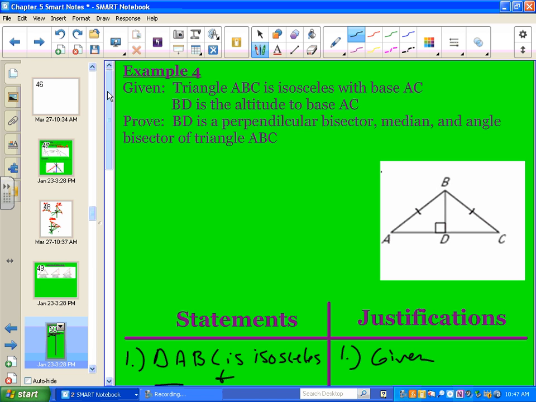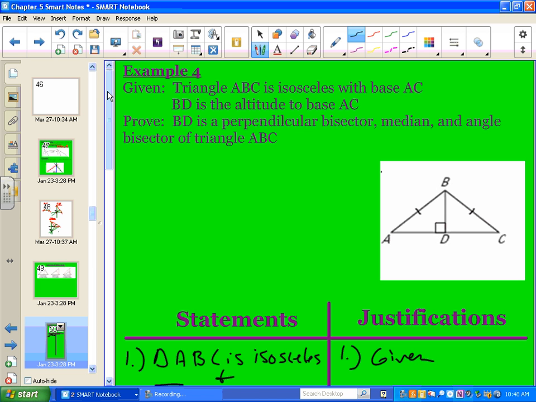So, we have an isosceles triangle, and we have an altitude coming from which angle, Molly? The vertex angle. So, isosceles triangle, altitude coming from the vertex angle. Now, what do we want to prove about that altitude? What is it we're proving about that altitude, Kara? Very good.